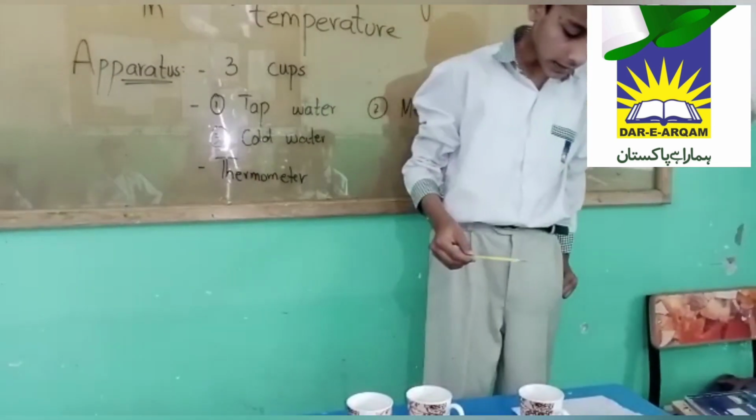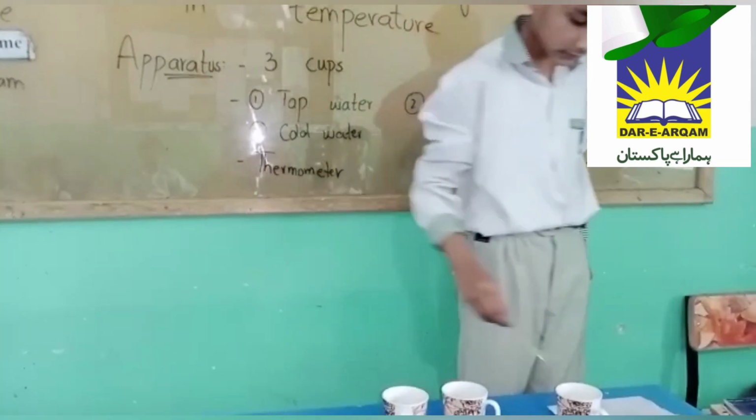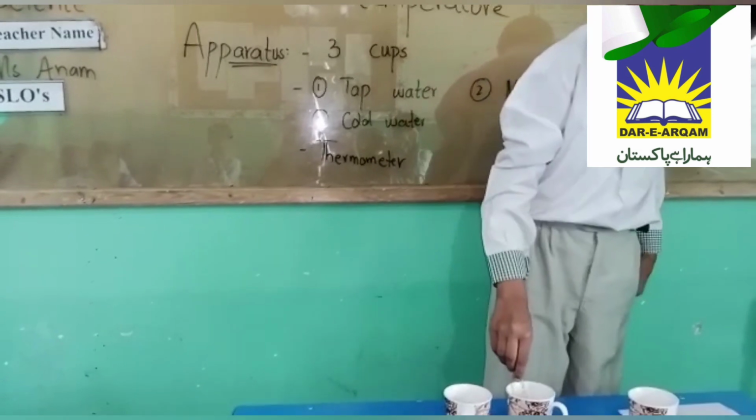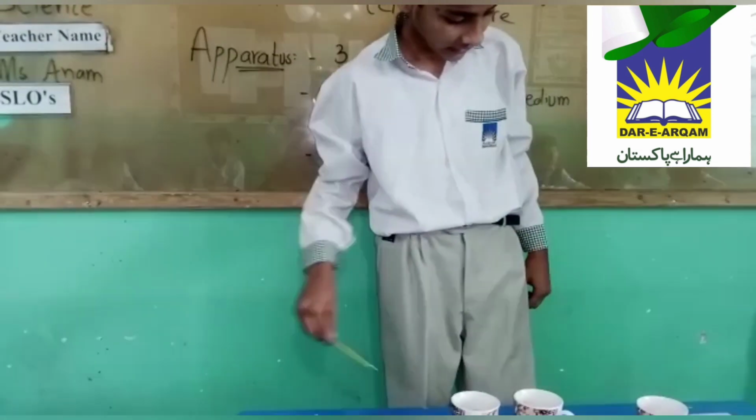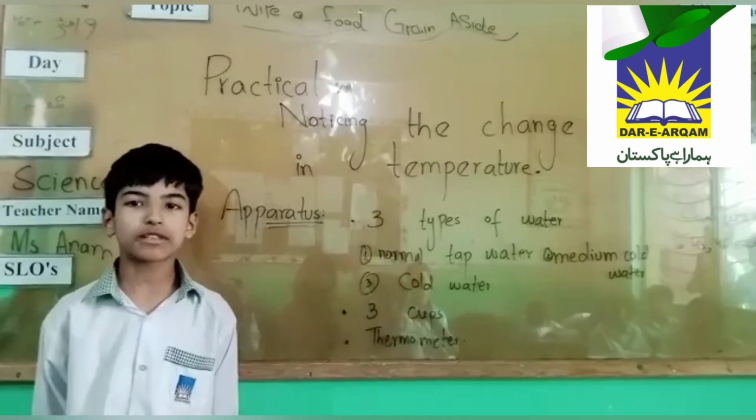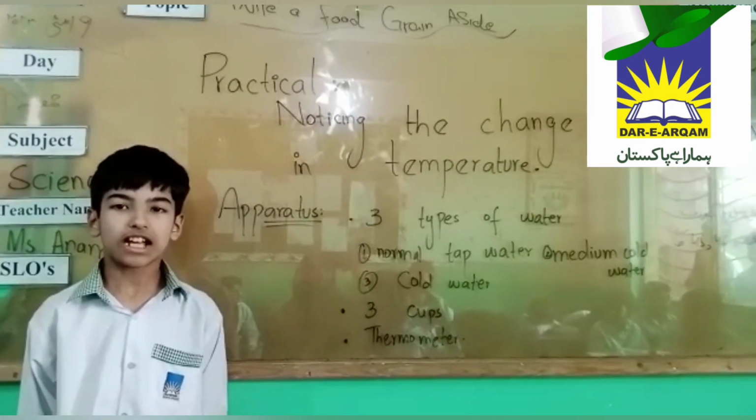Number 1 cup 30 Celsius, and number 2 15 Celsius, and number 3 2 Celsius. My name is Mohammad Simon. I am from class 5B.